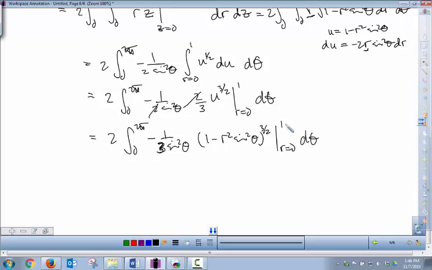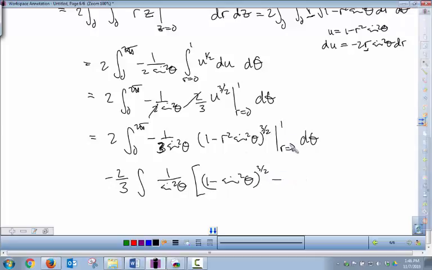So if we put 1 in here, we're going to get 1 minus, let's take the constant out, we got 1 over sine squared theta times, if we put 1 in here, we're going to get 1 minus sine squared theta to the 3/2.